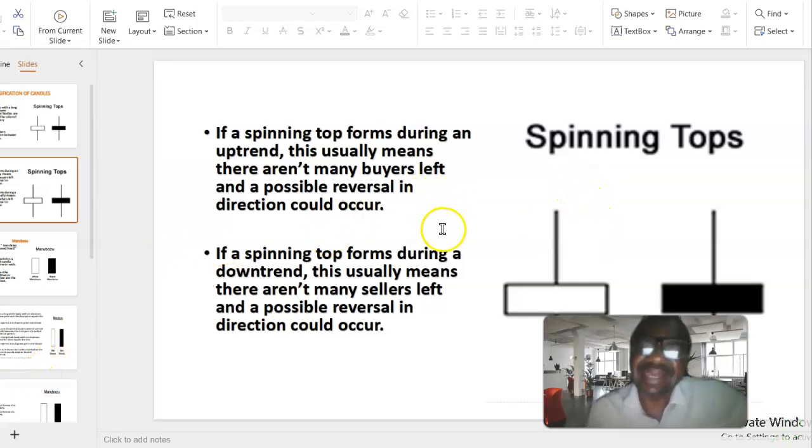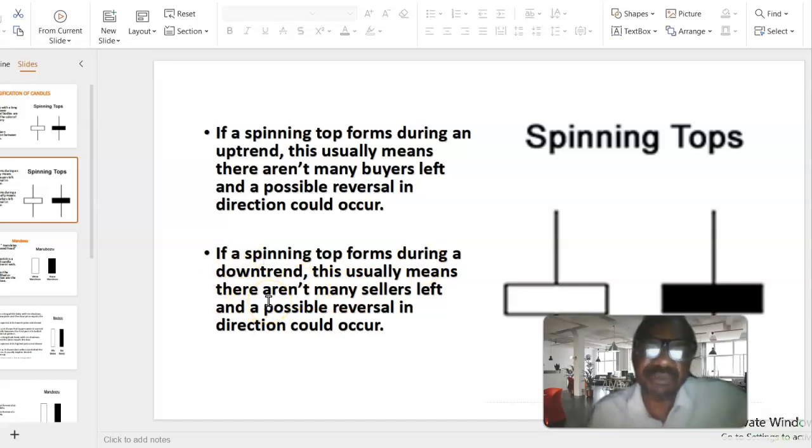When a spinning top is formed in a bullish chart at that higher area, price might likely drop lower. So you have to be careful.